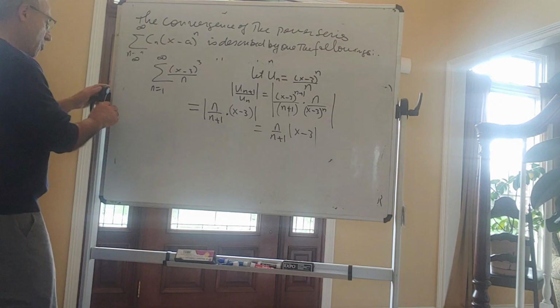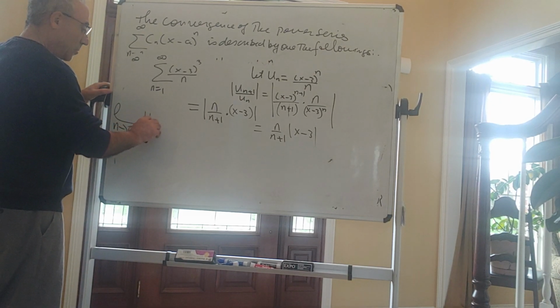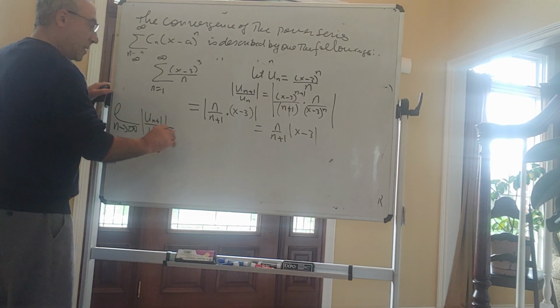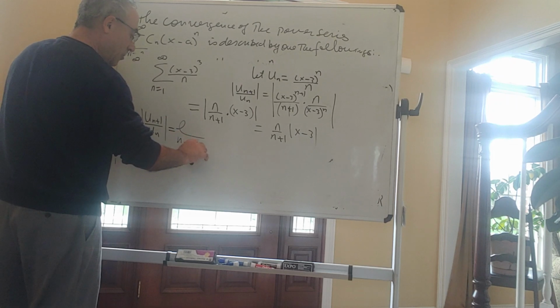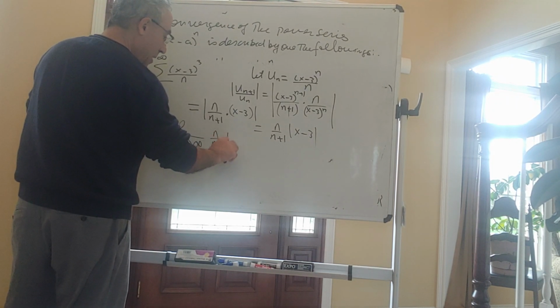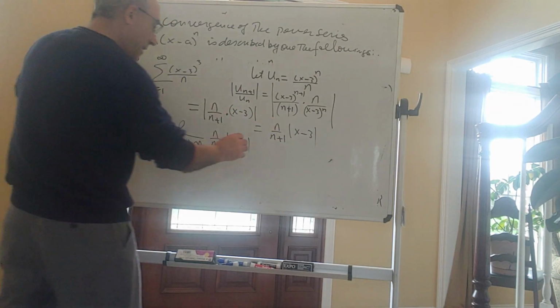So now we look at the limit as n goes to infinity of u_(n+1) over u_n. And that is the limit as n goes to infinity of n over n+1 times |x minus 3|. Remember, x minus 3 is some fixed value.